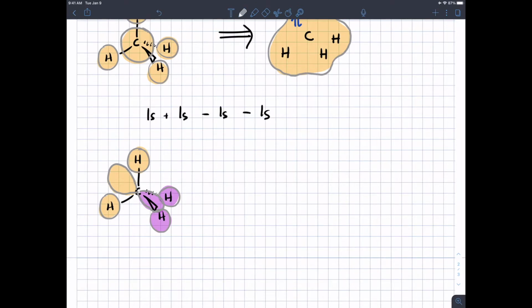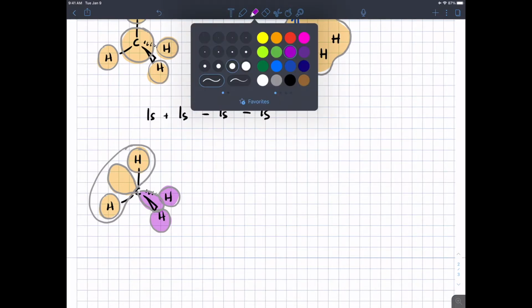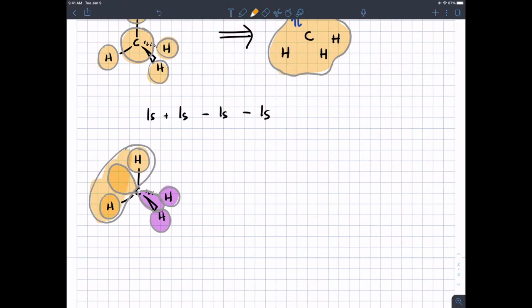So if we were to draw what this orbital really looks like, we would have one large sort of hot dog shaped lobe on this side, and then with opposite wave function sign, another large lobe on the other side, oriented at a slightly different direction.